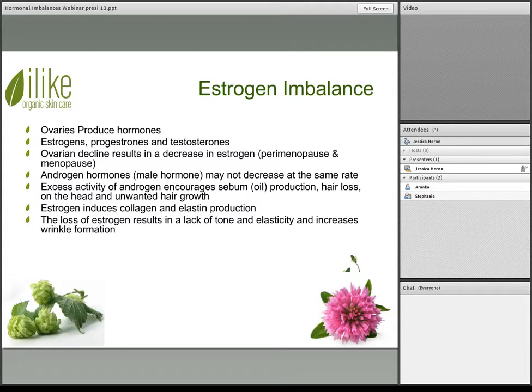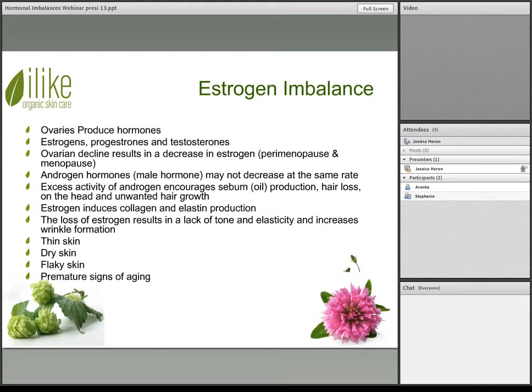The loss of estrogen results in a lack of tone and elasticity and can also increase wrinkle formation. We also experience thinner skin. The skin gets thinner. It also gets drier, flakier, and less youthful looking, which is commonly called premature signs of aging, or a condition we normally call premature aging.